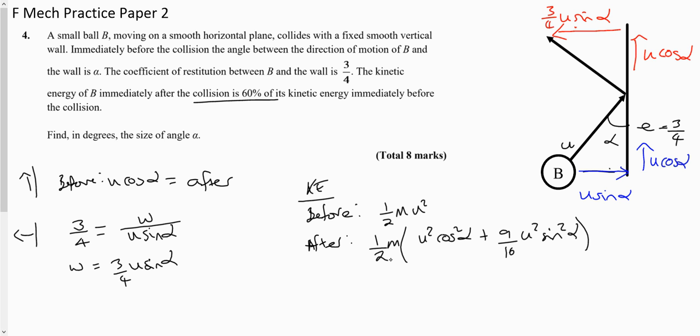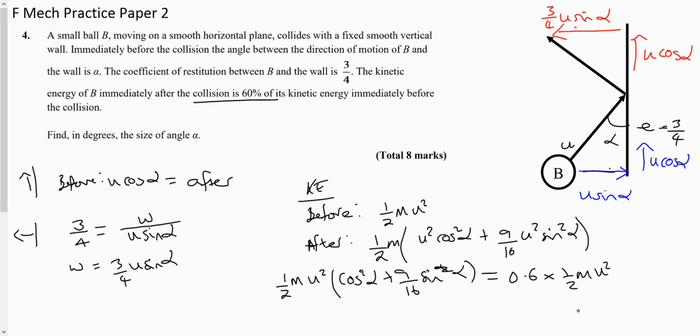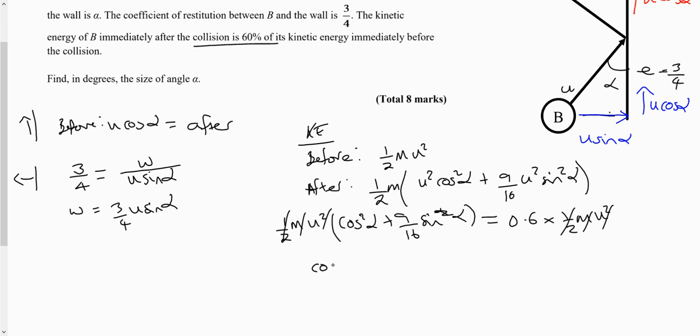So after, half m, take u squared out, is 60% of the initial. And what we can see now is quite a few things are going to cancel out here. So I can get that cos squared alpha plus 9 over 16 sine squared alpha is 0.6 or 3/5.